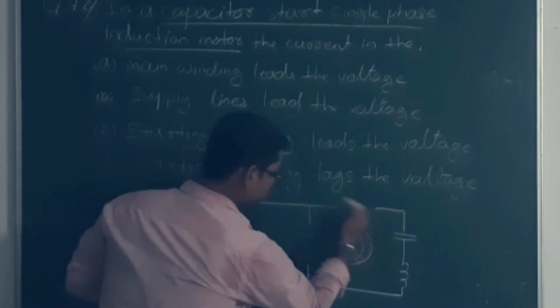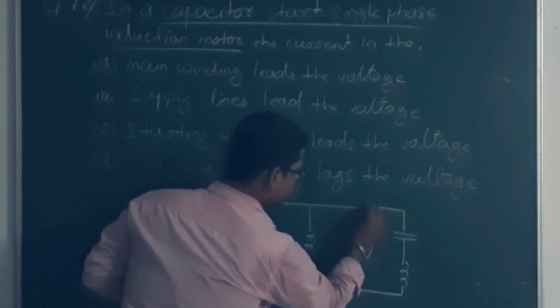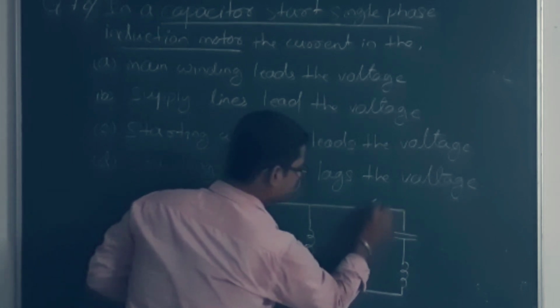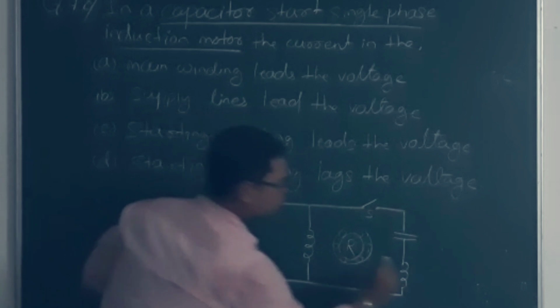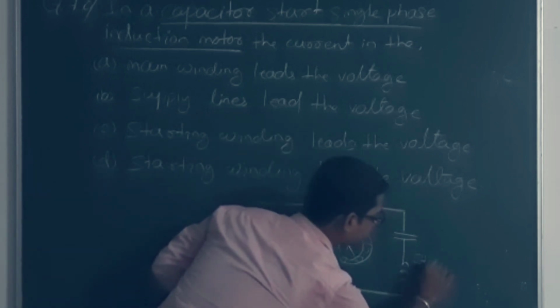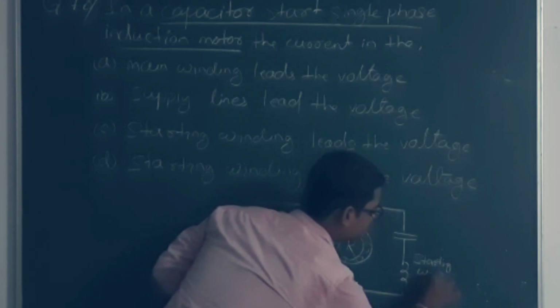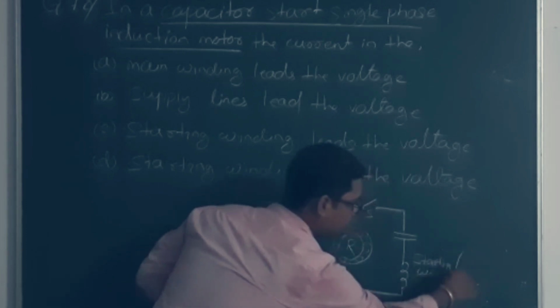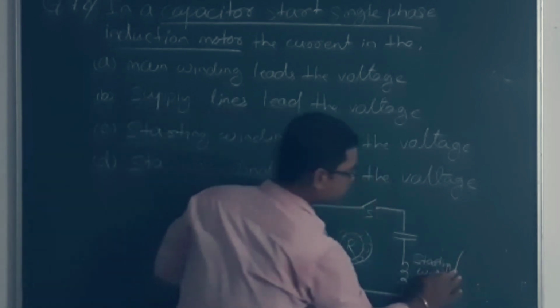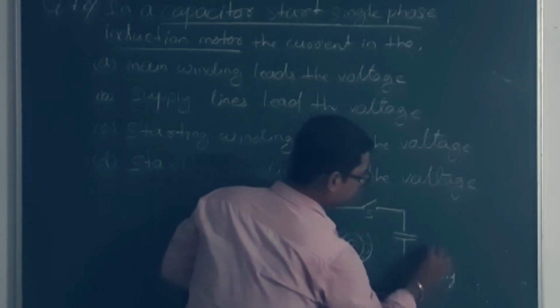These are the field windings, and a switch is present here, and this is your static winding, otherwise called the auxiliary winding.